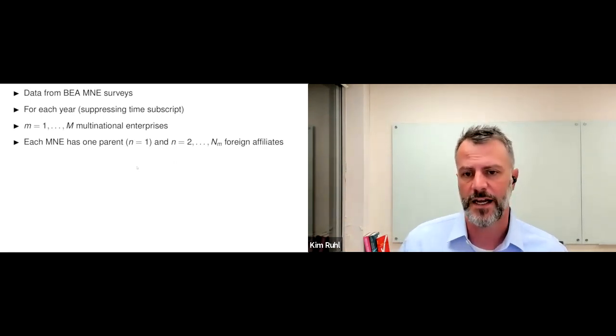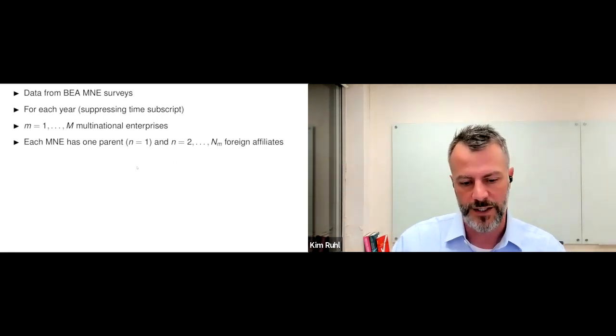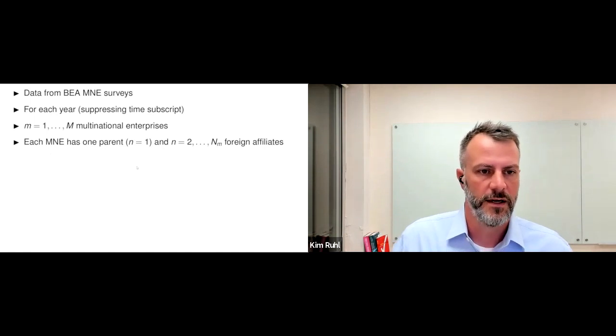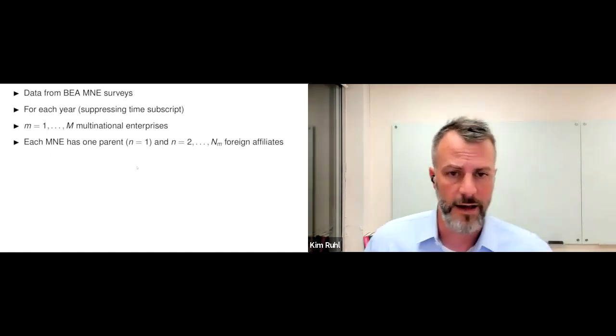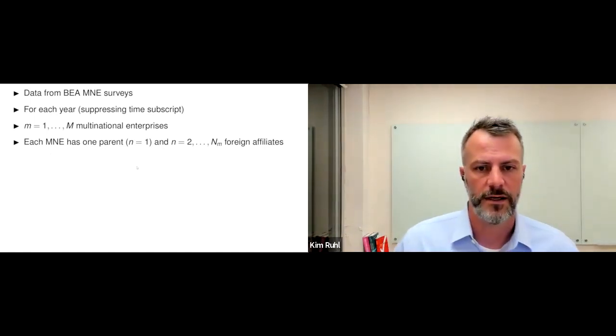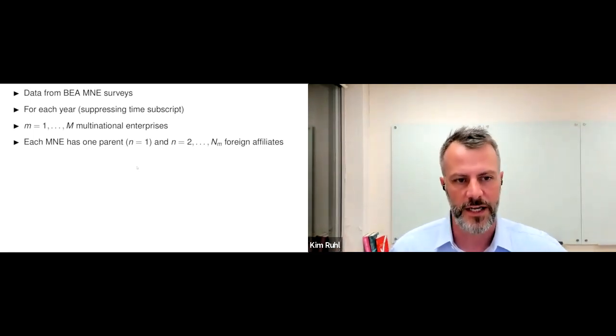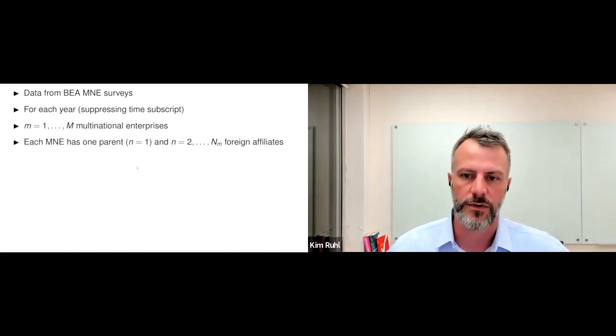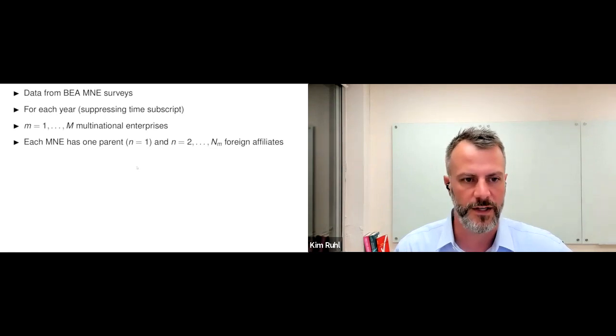And one of the nice things about this data is we get to see where the affiliates are located and various statistics about the firms. So let's say there are capital M multinational enterprises, the U.S. multinationals, and for each one of them we'll make the normalization that n equal to 1 is the parent, and then 2 through N_M are foreign affiliates. There's a lot of heterogeneity in the number of affiliates in the data, but that's going to be our structure. We have a multinational parent and then their foreign affiliates.